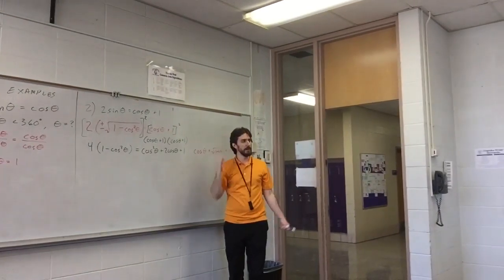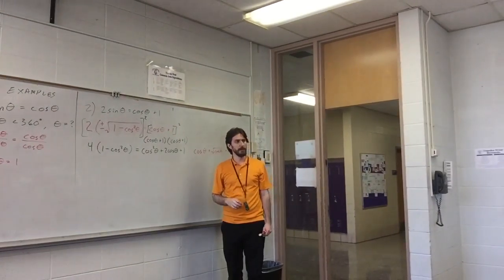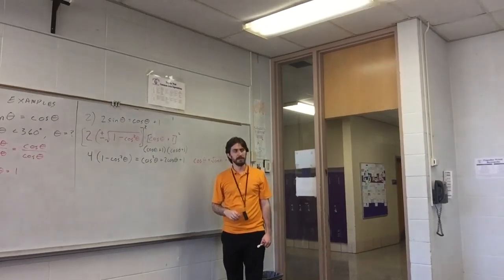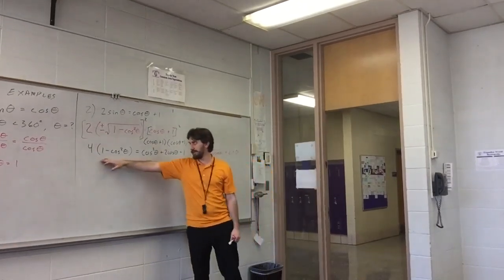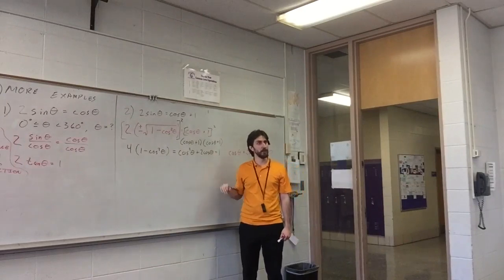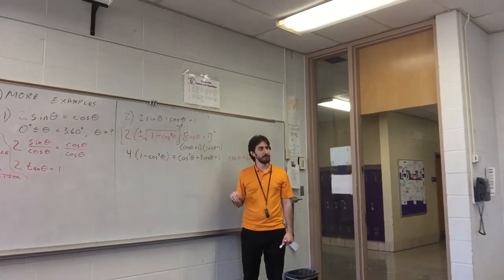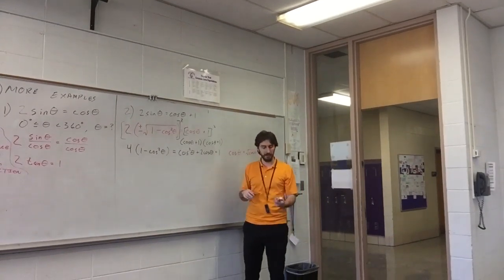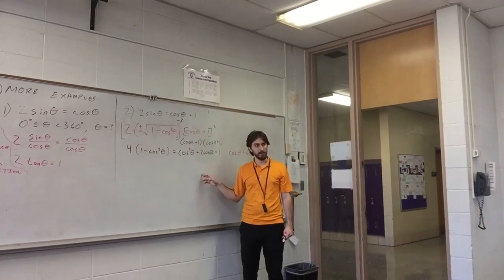And then you're basically home free. This is now definitely quadratic form with a single trig function, cosine. I think if you get to here, you could take it the rest of the way. Do you need me to take it the rest of the way?